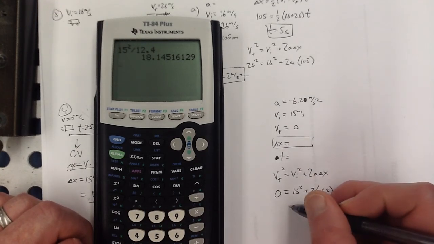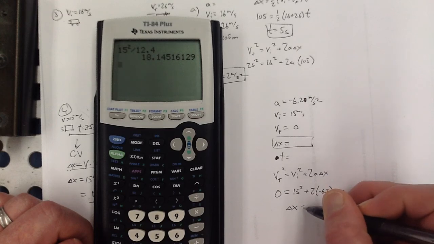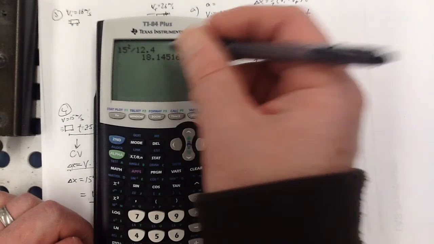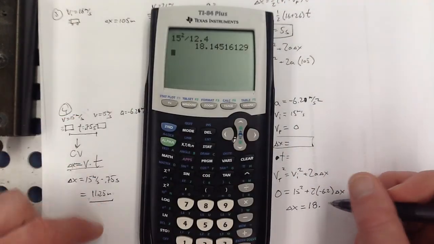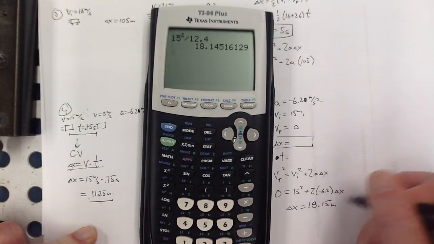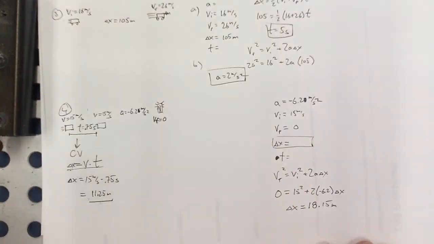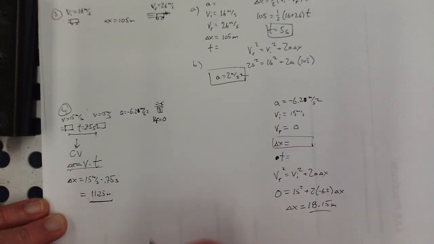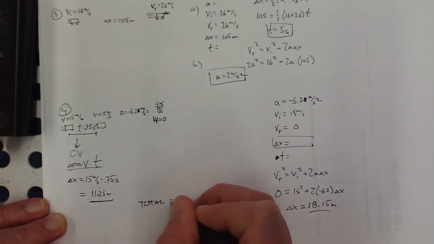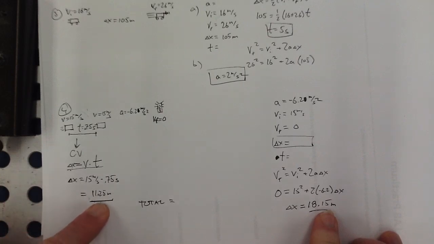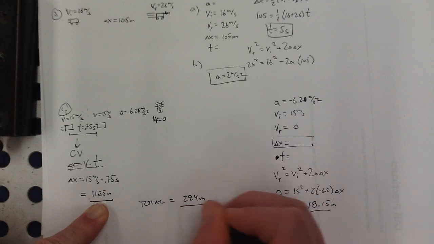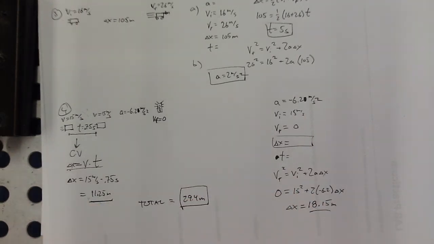That is delta x of 18.15 meters. I'll keep to the nearest hundredth. And then the total stopping distance, I need to add those together. So what is that, 29.4? Right, that's how you do that.